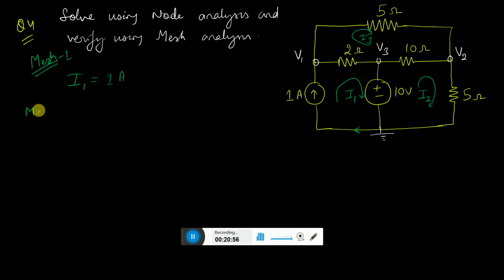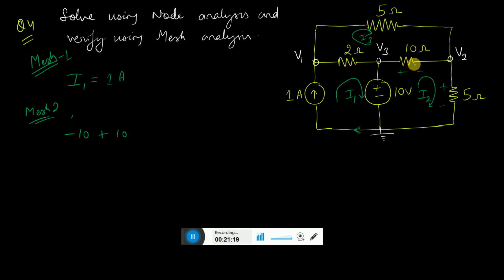From mesh 2, we have to apply KVL. First I encounter the minus sign. All the time I will get the same plus and minus, because I assumed clockwise. So first is minus 10, then I find plus, then write down the 10.